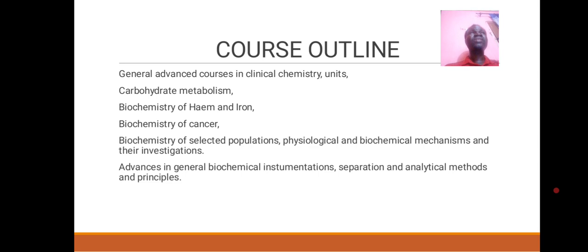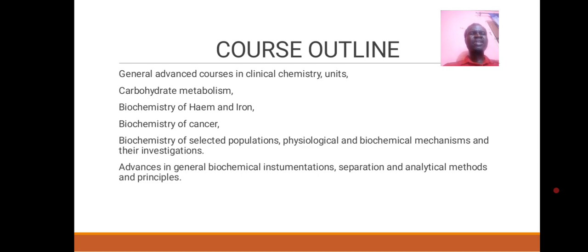Number one in the outline is the general advanced courses in clinical chemistry and units. Here we'll be talking about some advanced instrumentation, which I believe we have an idea about as a result of our exposure at our place of work, training and retraining in some basic equipment pertaining to clinical chemistry.